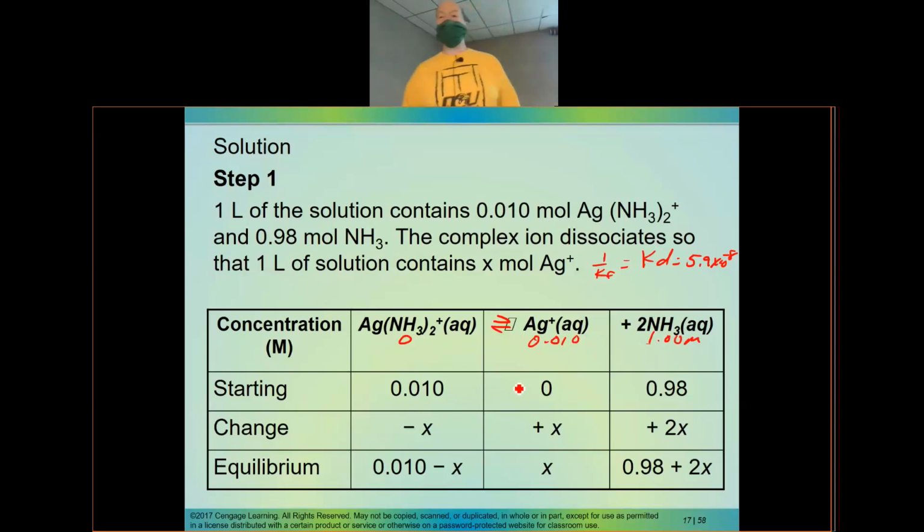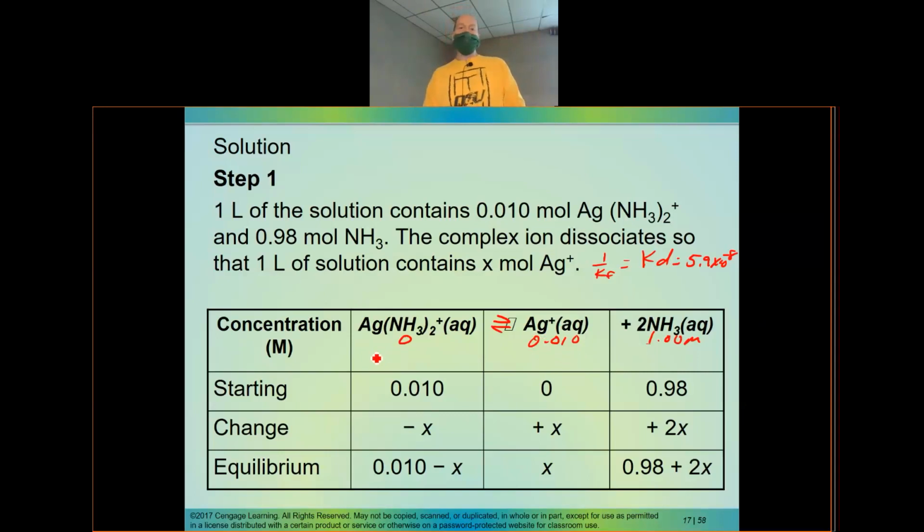All right, and so when you have a small number, the reaction is going to go to the left until something on the right is 0, the same way we did Ka and Kb. If you prefer this way, you can do it this way. I will always write Kf as Kf to do my problems, but the book likes to do it as Kd. It doesn't matter. It gives you the same answer.